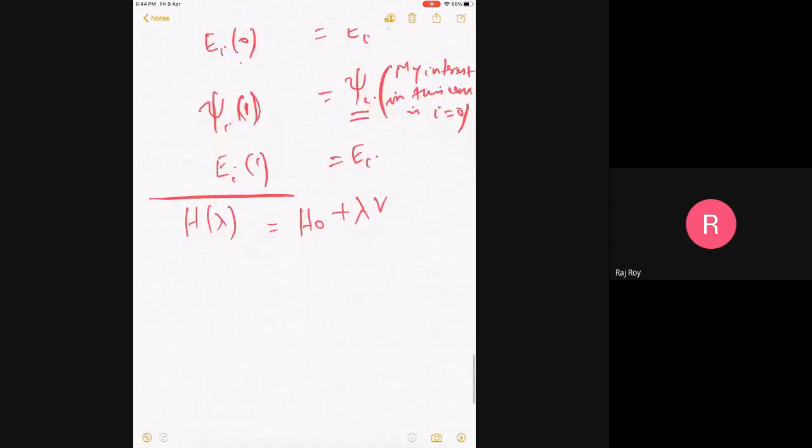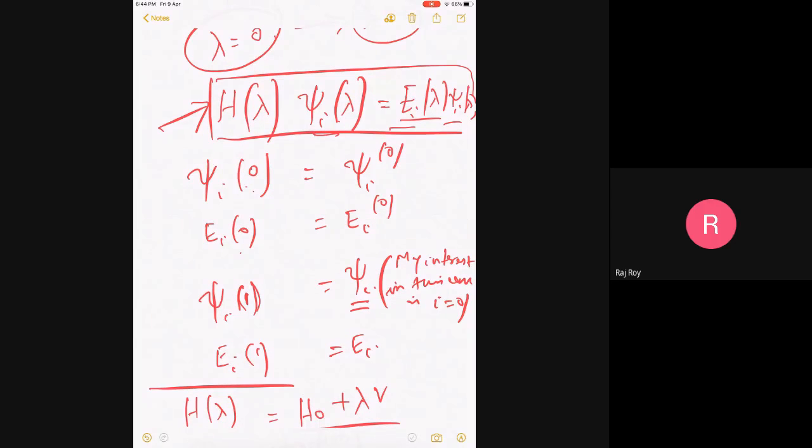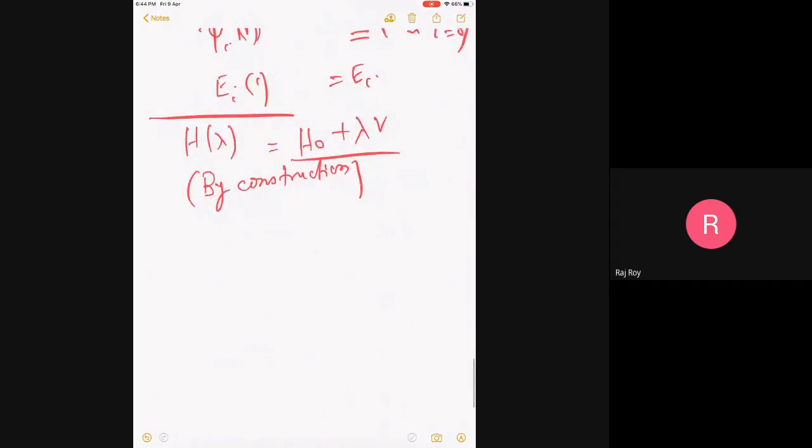Unlike H of lambda, which is by construction H0 plus lambda V, I have no idea how psi I lambda or EI lambda behave. When I do not know anything, one simple way is to assume a power series. That power series can be a Taylor series, but I will write in general a power series.